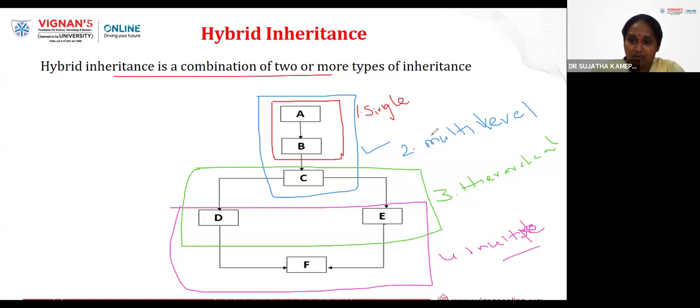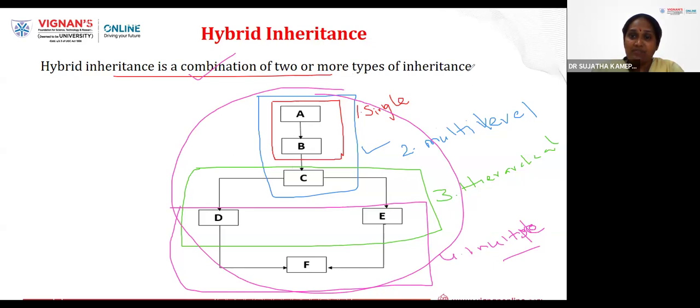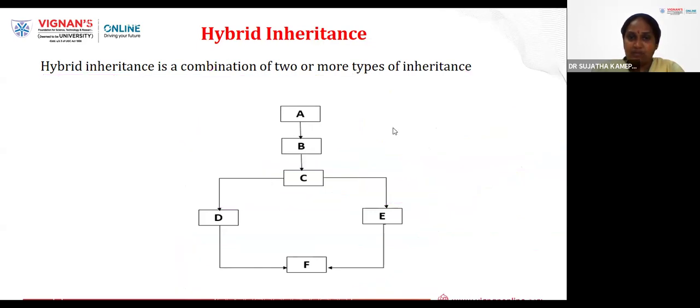So here, all 4 types of inheritances are present in this one diagram. It is the combination of one or more types of inheritances, so it is to be called hybrid inheritance, right?